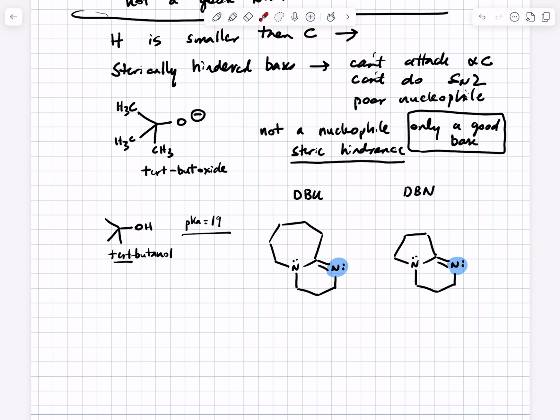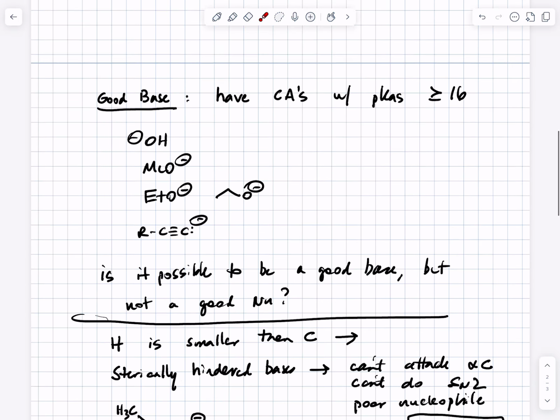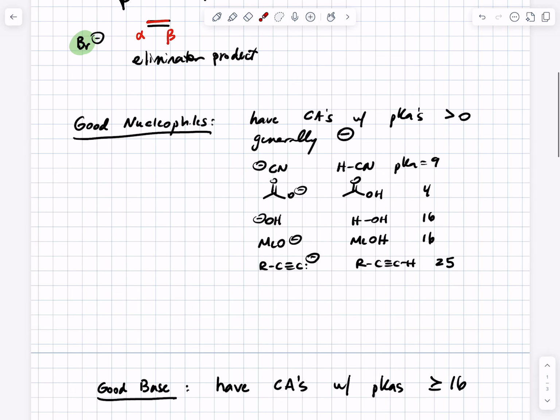Okay, so questions about that? If you look, with pKa's of conjugate acids between 0 and 16, you're going to have things that are only good nucleophiles.